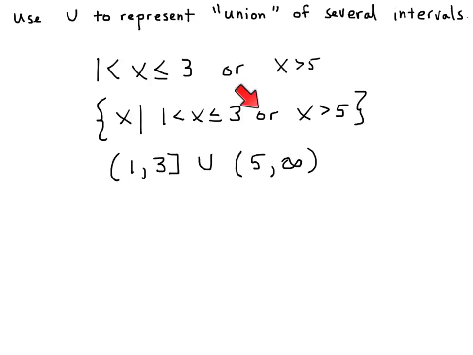Nothing wrong with that. In interval notation you would make your intervals and you would put this U in between them, and that means that we're talking about a set that includes all these possible numbers. So if we're talking about x being in that set, we're not talking about it being in both intervals at once. We're talking about it possibly being chosen as any value in those sets.